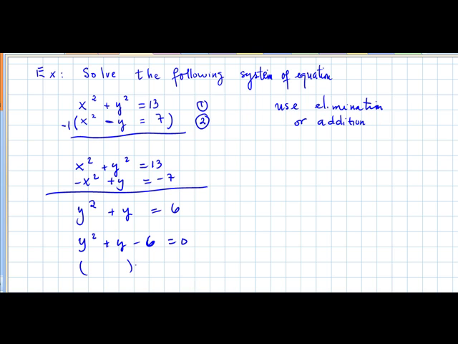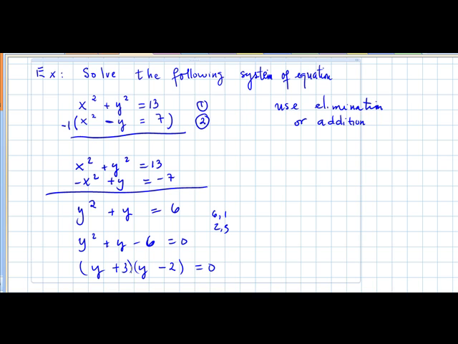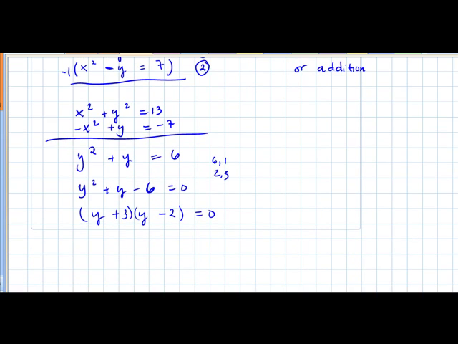The minus here tells me I have two opposite signs. 6 is 6 and 1, or 2 and 3, so I'm going to pick 2 and 3. So I have y equal to minus 3 or y equal to 2. These are the two answers for y.